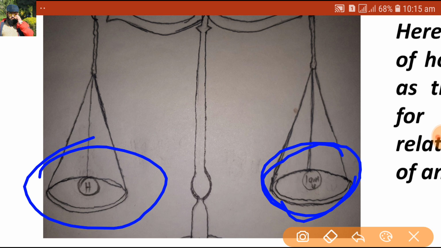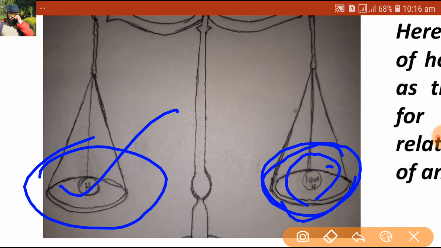So we can say that the mass of this hydrogen atom is 1 a.m.u. Now for helium you will need 4 a.m.u's weights to balance these two pans.